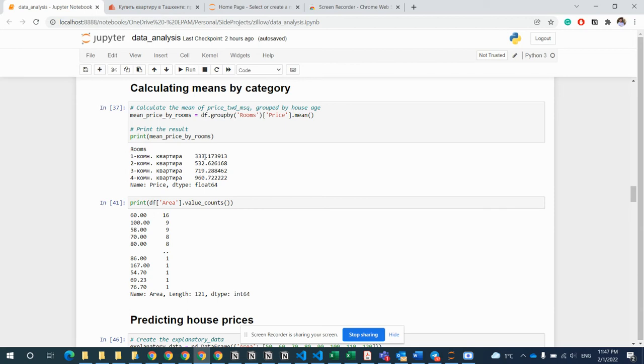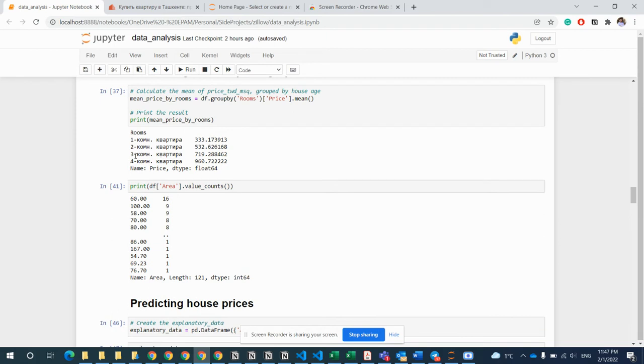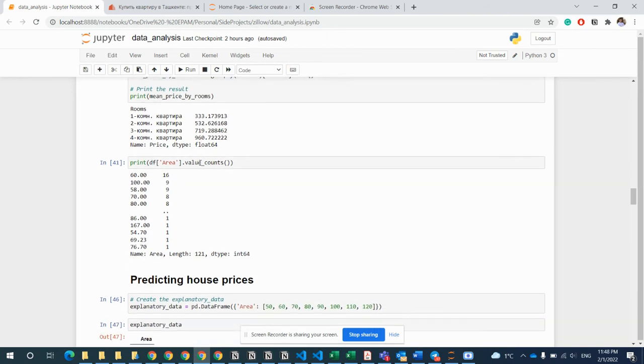One more reminder that 333 means 300 million Uzbek soms. So if you are looking for a one room apartment, then this is the price that you should target. If you are looking for a two room apartment, the average price is 532. Three-room apartment 719. Four-room apartment 960.